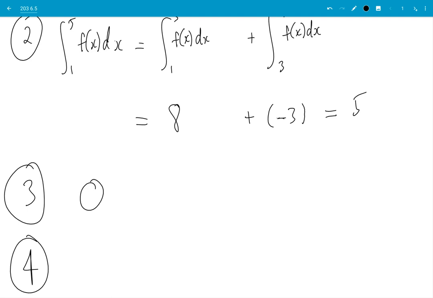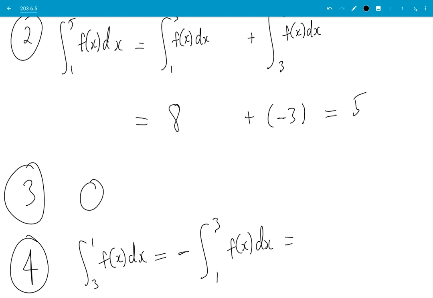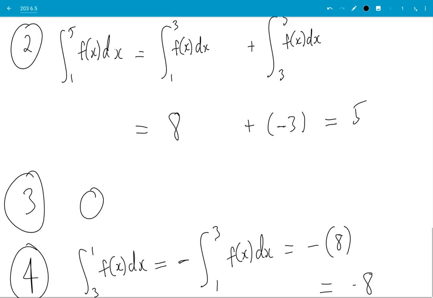And then from 3 to 1, you can put a minus in front and make it 1 to 3, f of x dx, and I believe that's negative 8. So negative 8 is my answer.